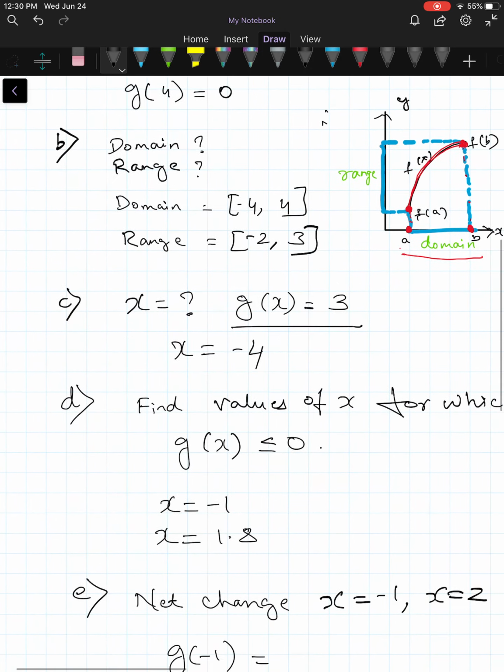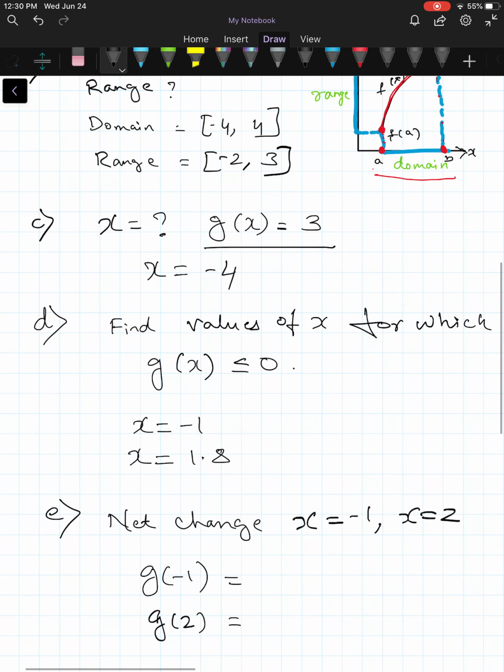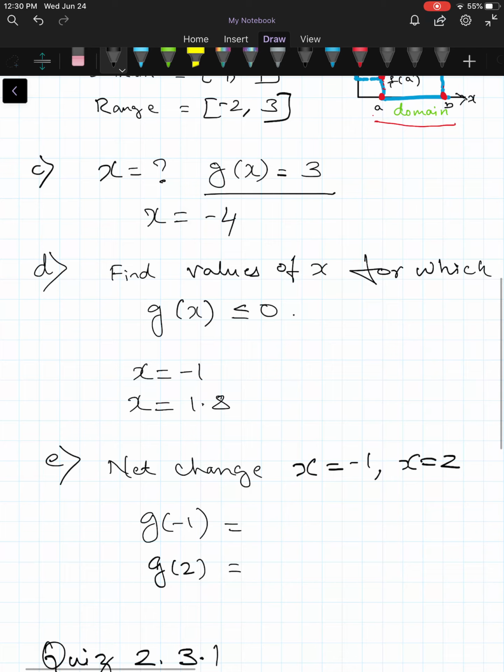So the x values which give us outputs less than or equal to 0 are -1 and 1.8, and all the values in between them.